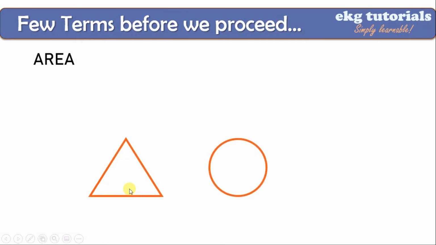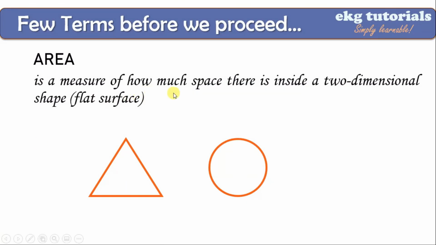Now, moving on. So what about the term area? Area is defined as a measure of how much space there is inside a two-dimensional shape or flat surface. So we have an example here. Kanina, we talk about perimeter, i-add lang daw natin yung sides. We talk about circumference, kunin lang daw natin yung distance around the circle.